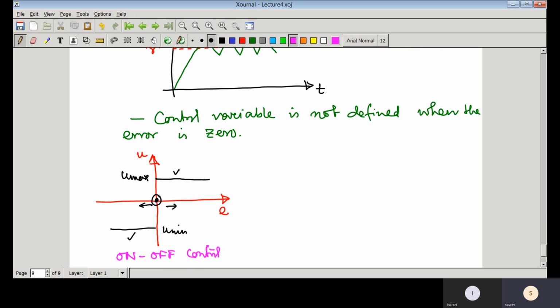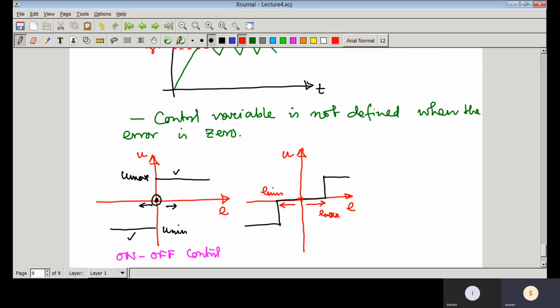Similar to on-off control, there are also some other strategies very similar to this. Another one is called the dead zone. This is the error, and this is the control input u. Suppose this value is E max and here this value is E min.